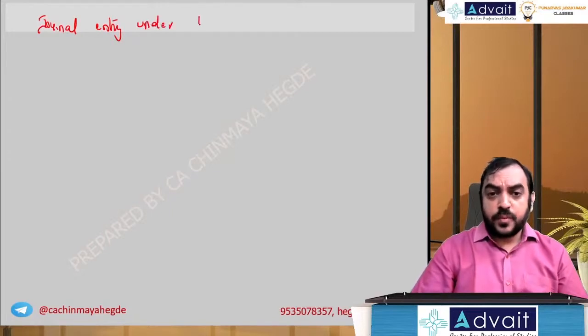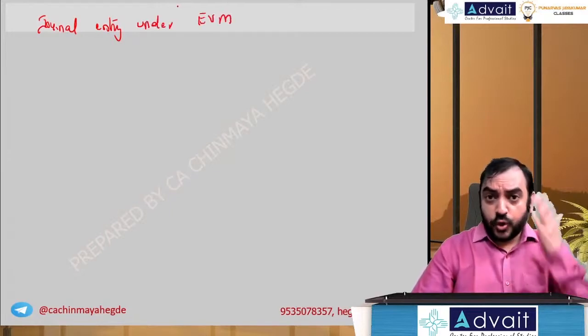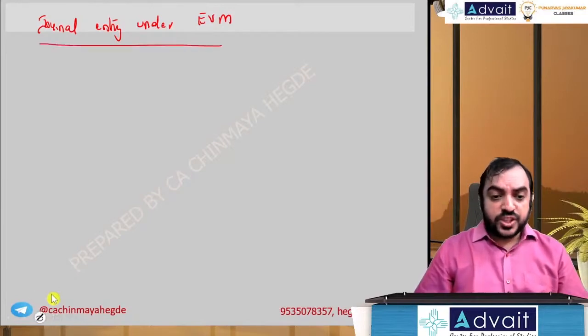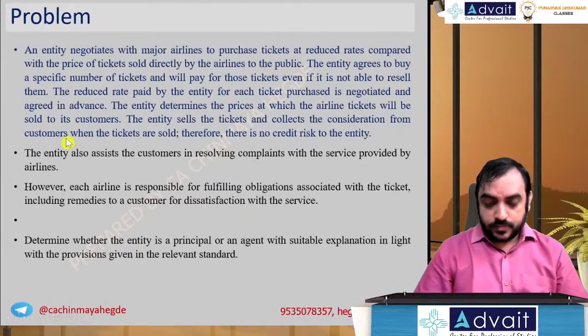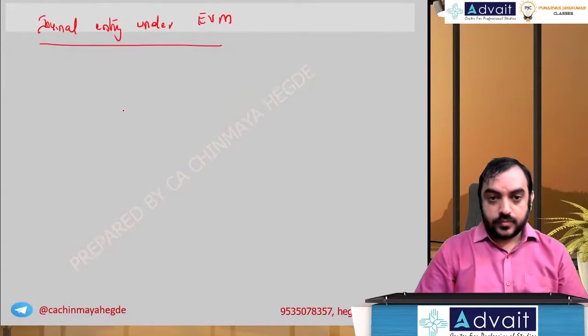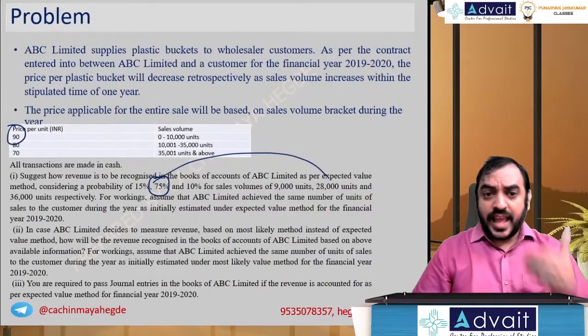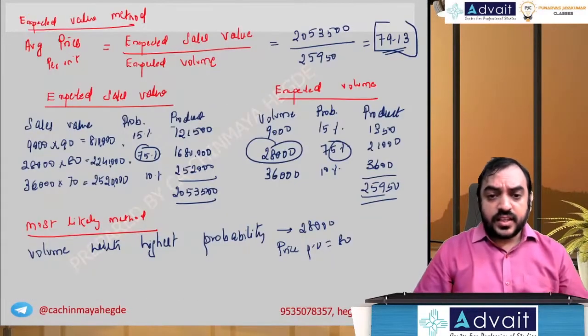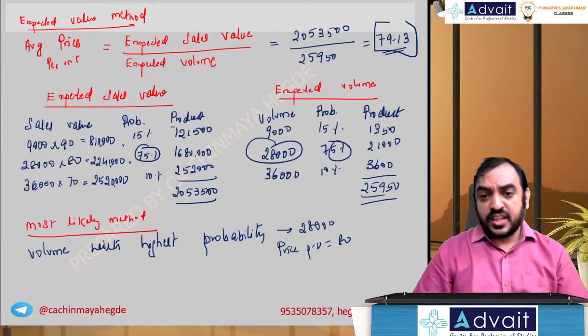I'll write short form EVM, not your regular electronic voting machine, expected value method. So first we'll select on sale of 10,000 units, the slab will change after 10,000 units. So I'll take first 10,000 units, then you're selling remaining 15,950 units because expected value is 25,950.